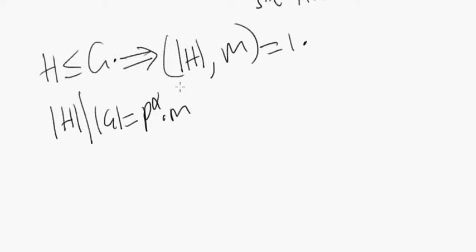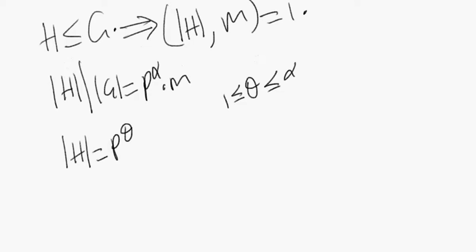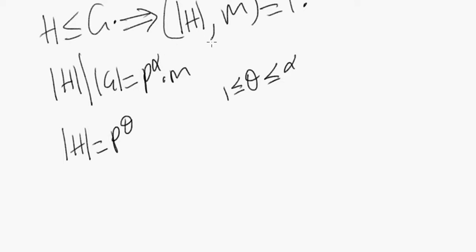Can we conclude that if the order of H is relatively prime to m and the order of H divides the order of G, then the order of H equals p to the theta, where theta is some natural number, with theta less than or equal to alpha? So our strategy was, suppose we prove that there exists some subgroup H such that the order of H is relatively prime to m.